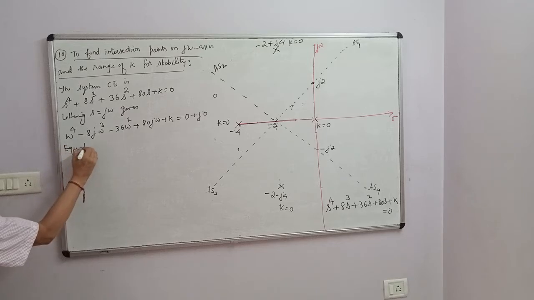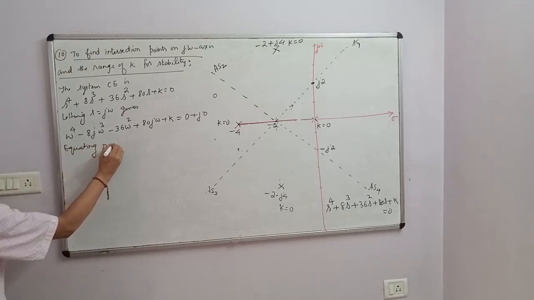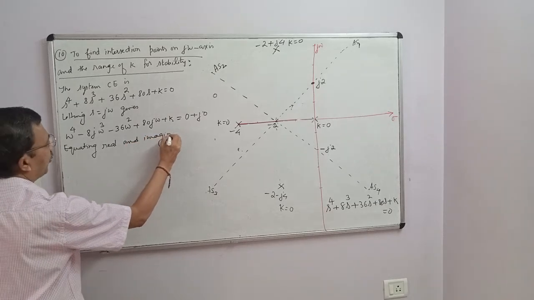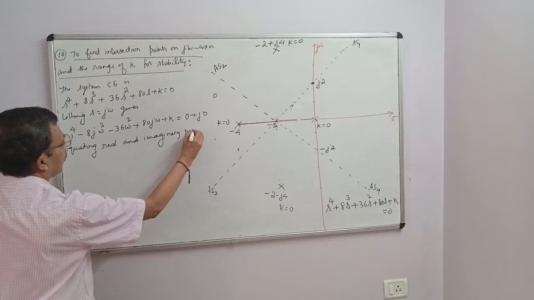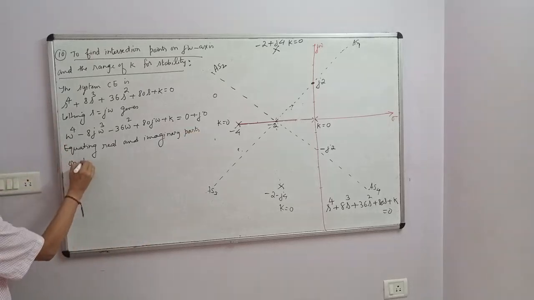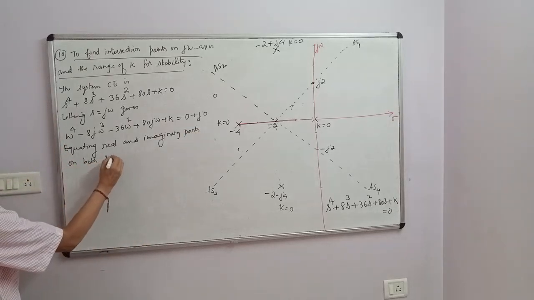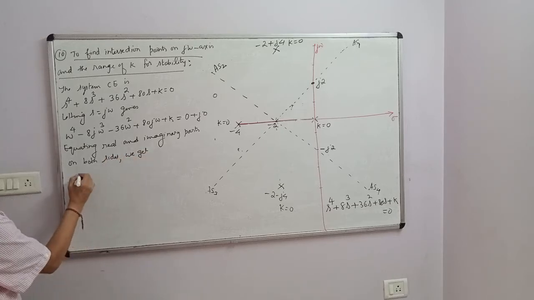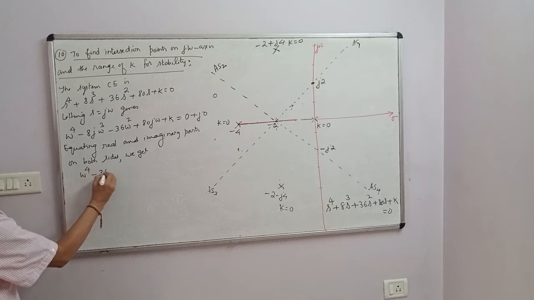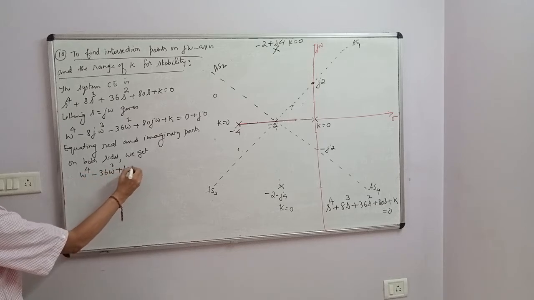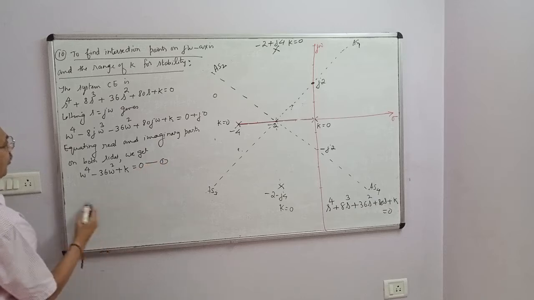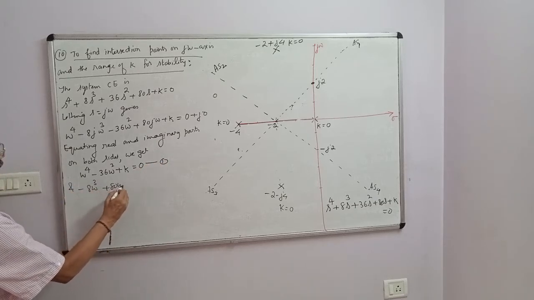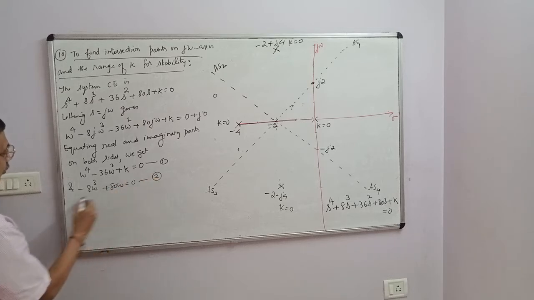Equating real and imaginary parts on both sides we get omega to the power 4 minus 36 omega square plus k, the real part, equated to 0, call equation 1, and minus 8 omega cube plus 80 omega equal to 0, equation 2.